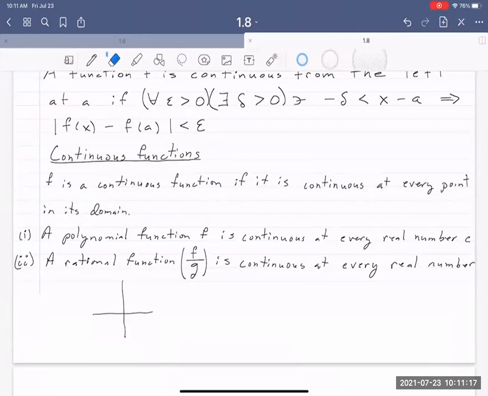Let's say that here's my function. This function is a continuous function, because it's continuous everywhere that it is defined. It's not defined at that open hole. Therefore, it's continuous everywhere that it is defined. So this is continuous.